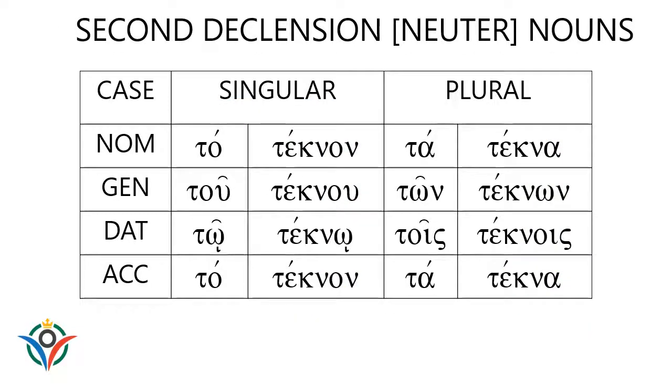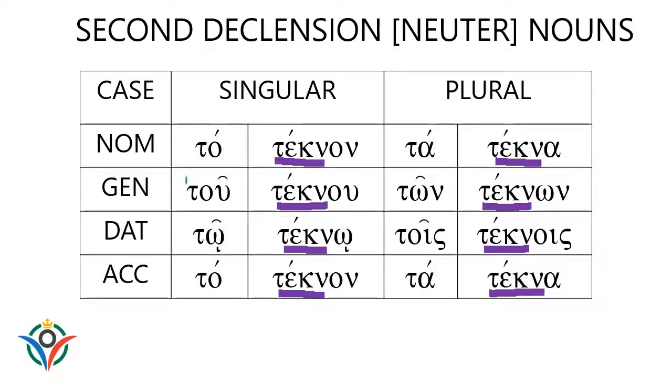Let's now take a look at the endings when they are attached to a stem. The example that we are going to use is the word teknon, which means child. So that is the stem of the noun. And as you can see, the endings match the article.